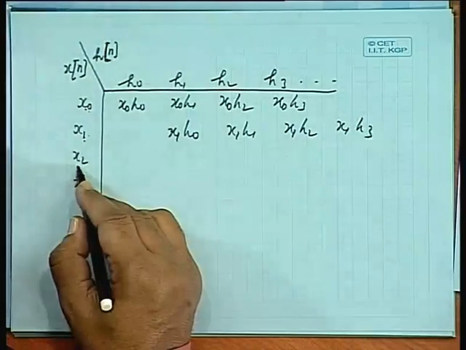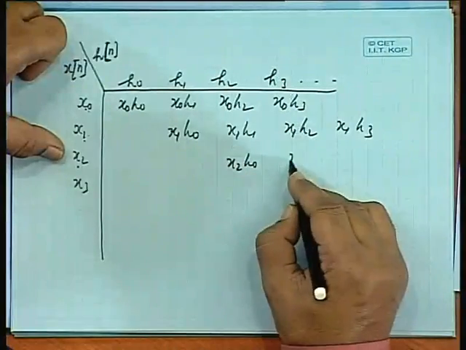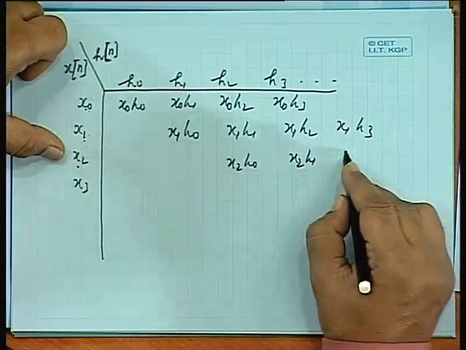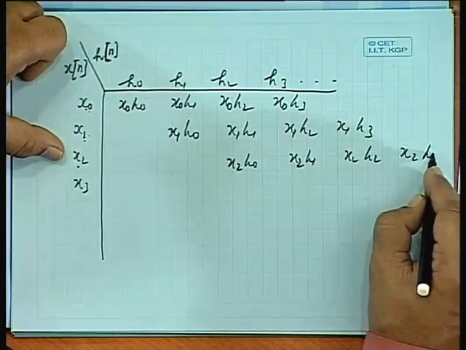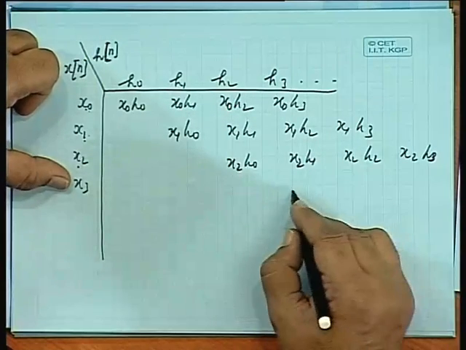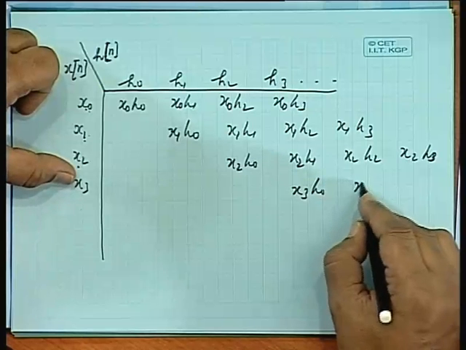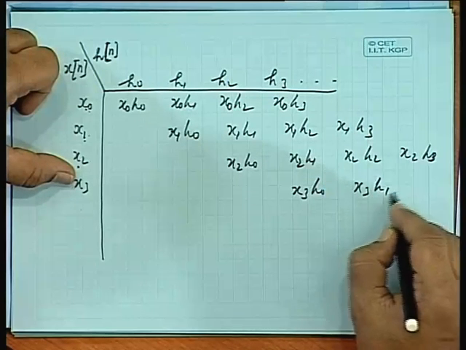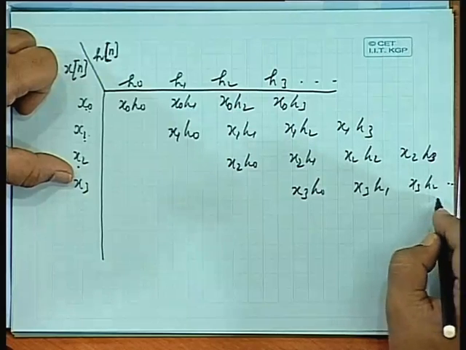Similarly, the impulse of magnitude x2 will start after two intervals. So, it will be x2 h0, x2 h1, x2 h2, x2 h3 and so on. Similarly, x3 will have its effect felt from this point onward, and x3 h3.